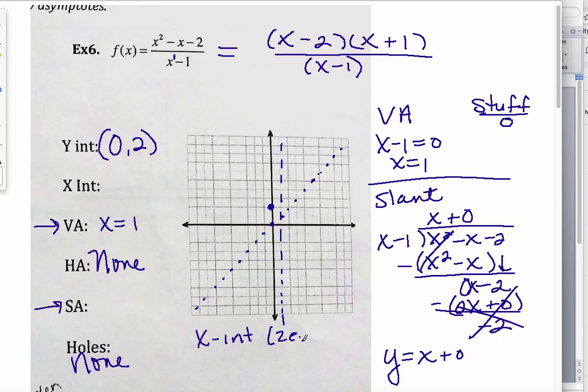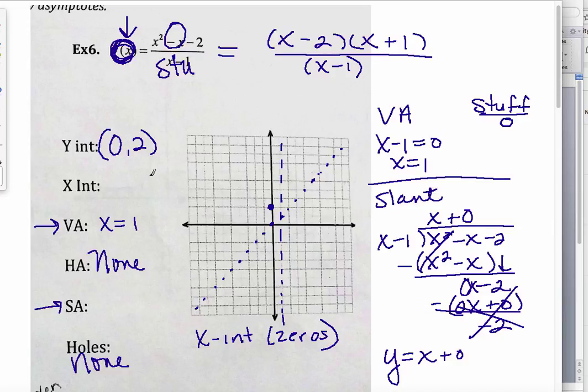And then your x-intercepts are your zeros, and that is when your numerator is equal to 0, because when you find your x-intercept, you let y equal 0, and what's going to make your y equal 0 is to have 0 over whatever on the bottom, and 0 over whatever would be 0.